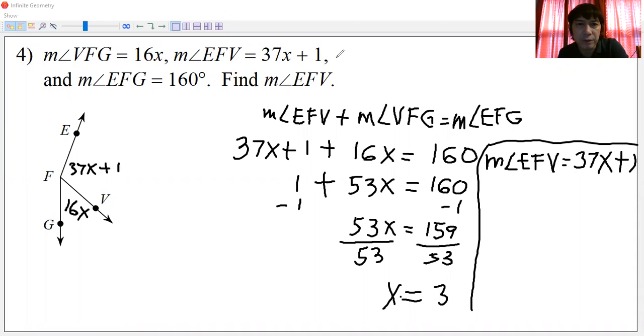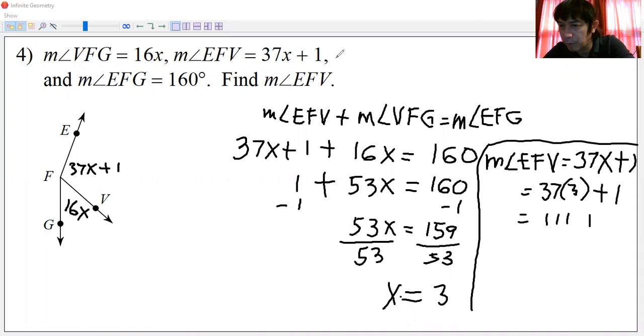We're going to substitute the value of x, 3. So we have 37 times 3 plus 1. How much is this? 111? Yes, 111 plus 1. And this is 112. All right, 112 degrees. This is our answer. And we shall verify if it's correct.